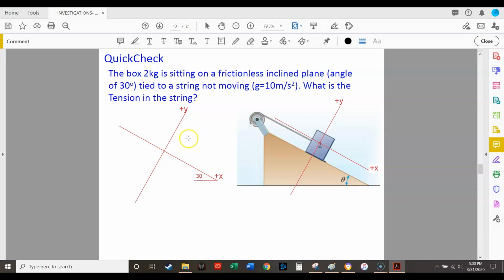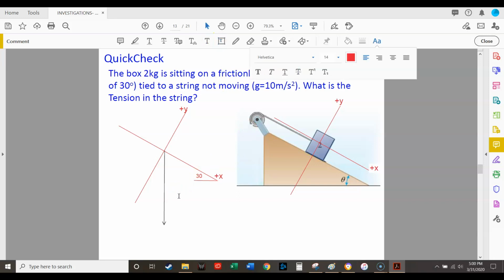All right, let's draw the force diagram. I've got a weight vector down. I'm going to draw that weight vector larger than it normally would be because I want to use it to draw my triangle. I want to label that mg.